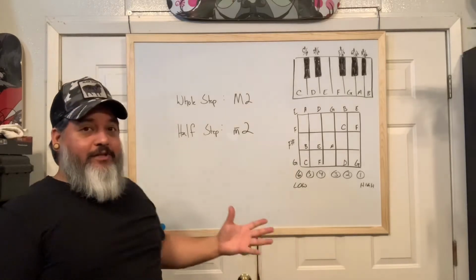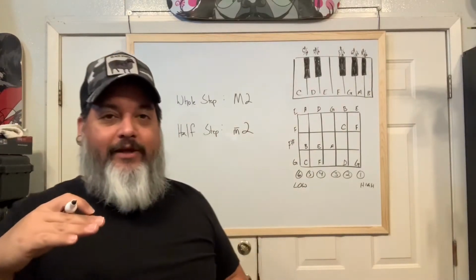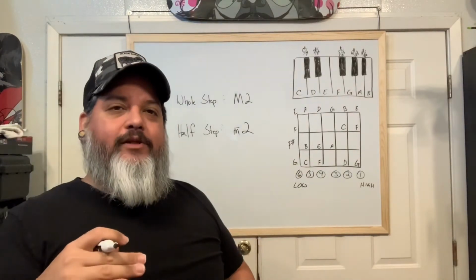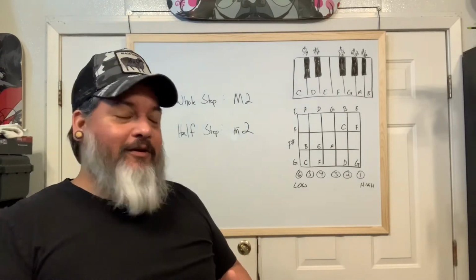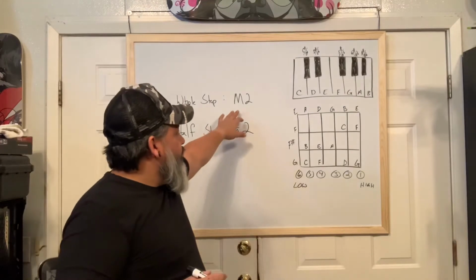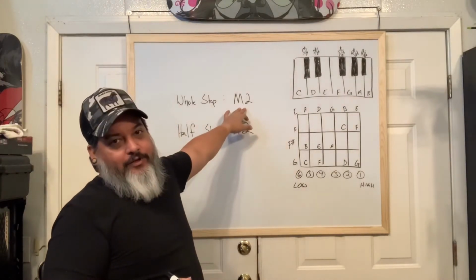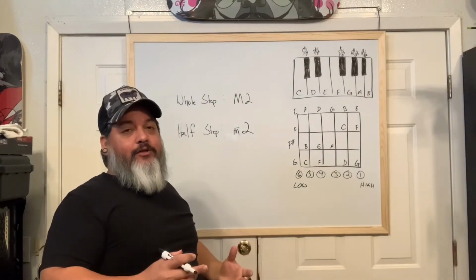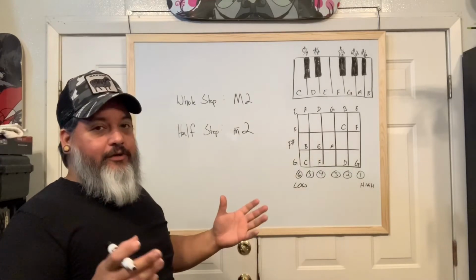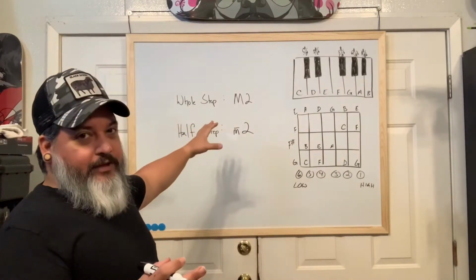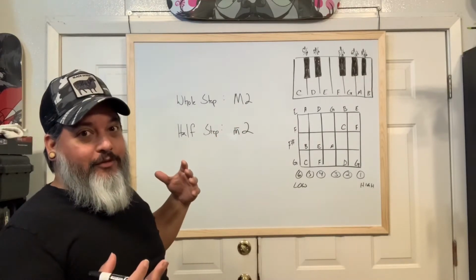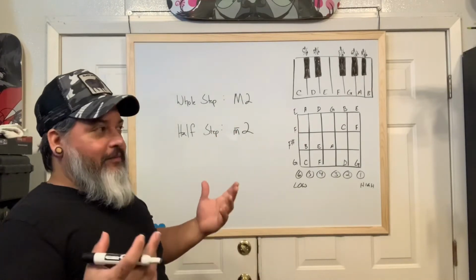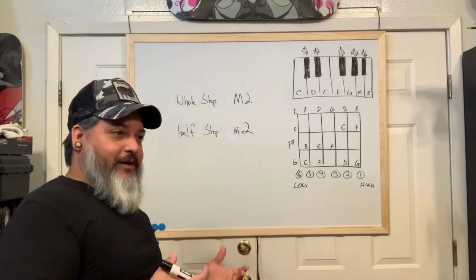For the minor second, we put a little line over the M, and we make the M just a little bit smaller. That is indicating to us that it's a minor. For major, we're going to use a big M with a 2 next to it. Now, they're different intervals all throughout music. So keep this in mind because we're going to start adding major third, minor 6, major 6, minor 7th, major 7th.